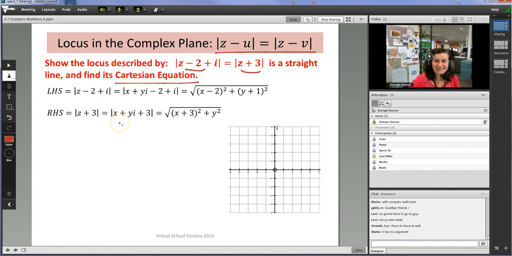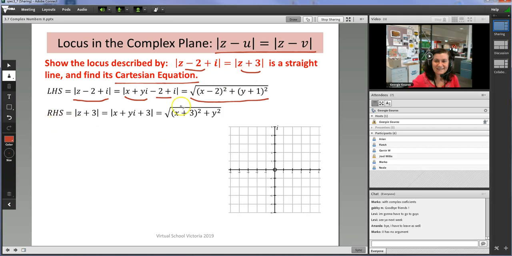Okay, so let's just do a little bit of fancy algebra to work that out. So the left-hand side, to work out the modulus of z minus 2 plus i, we just replace z with x plus yi, and we work out its modulus. That's going to be x minus 2 all squared, using Pythagoras' theorem, plus y plus 1 all squared.